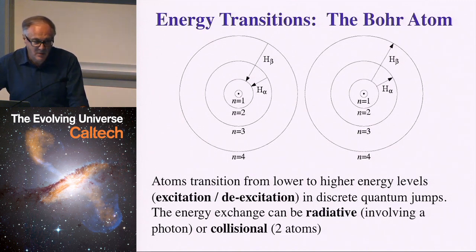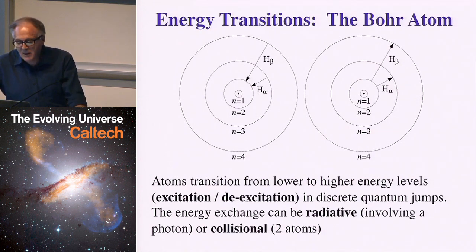Both of those happen in nature, and usually we see in astrophysical sources that there is photoionization. There is some source of ultraviolet light or something like that that pumps up the higher levels. There is sometimes collisional de-excitation, depending on the pressure of the gas.